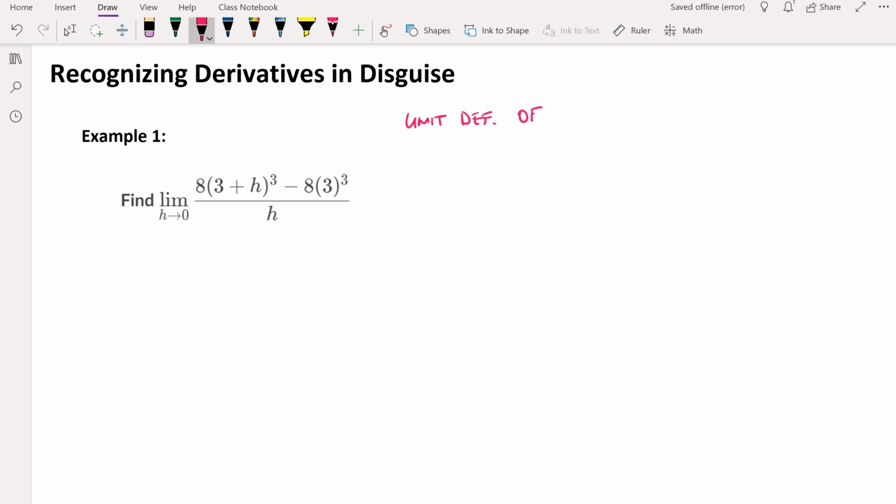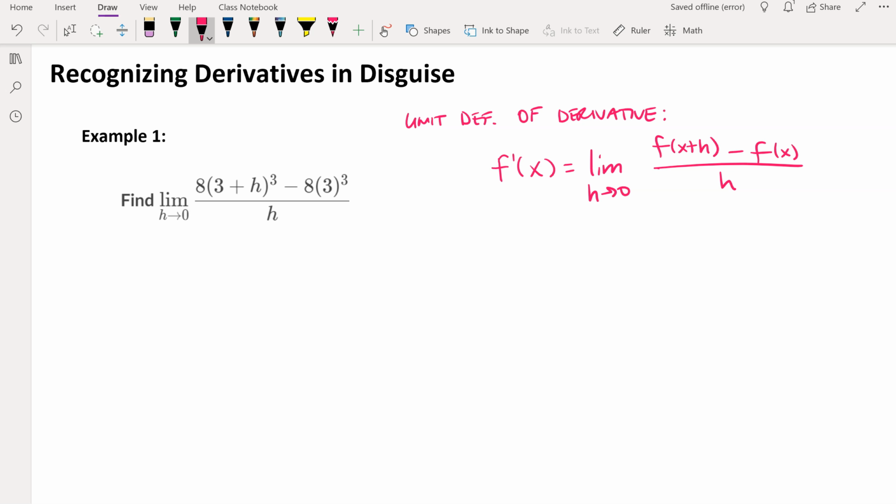Limit definition of derivative, and you should write this down too. We have f prime of x equals the limit as h approaches 0 of f of x plus h minus f of x over h.